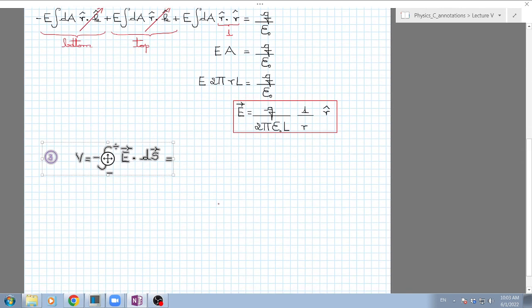The integral is going to be minus the integral of E dot dl, from the outer radius to the inner radius R1.